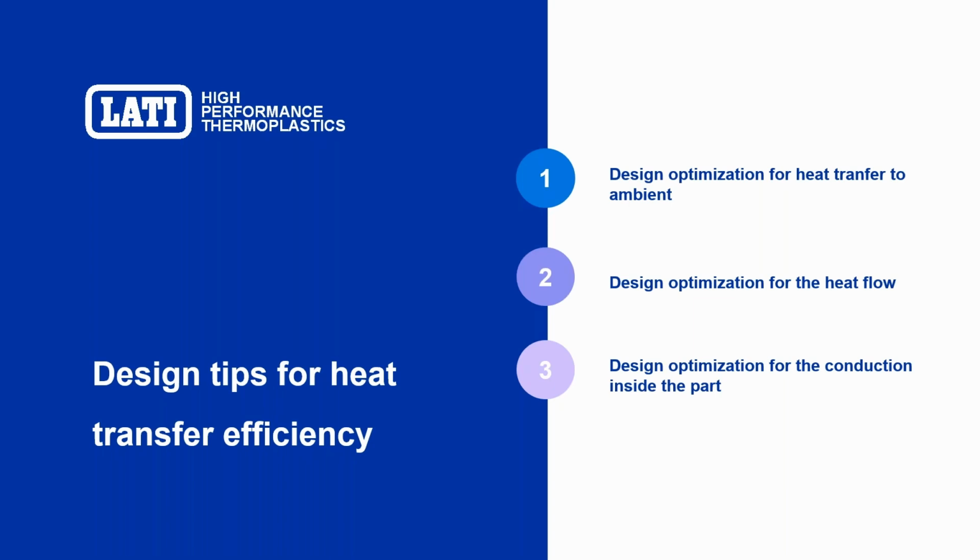So now we arrive at the real core of this presentation, design tips for heat transfer efficiency. These design tips are those we typically suggest to our customers in the feasibility study. We focus in this presentation on three main points. The first one is the design optimization for heat transfer to ambient. The second one is the design optimization for the heat flow.